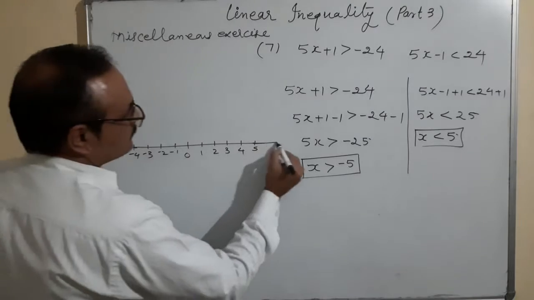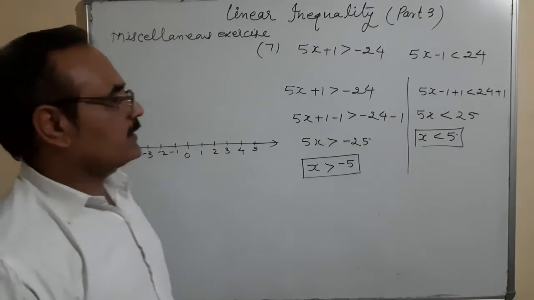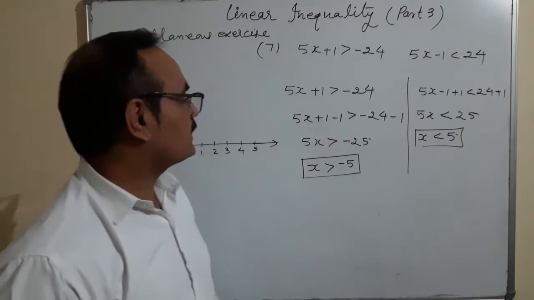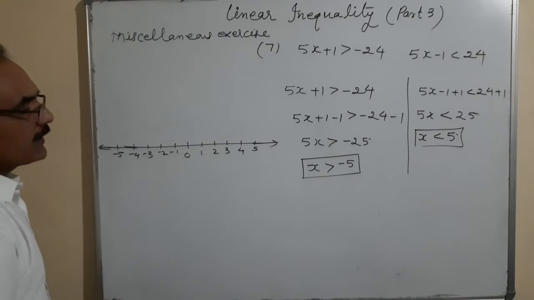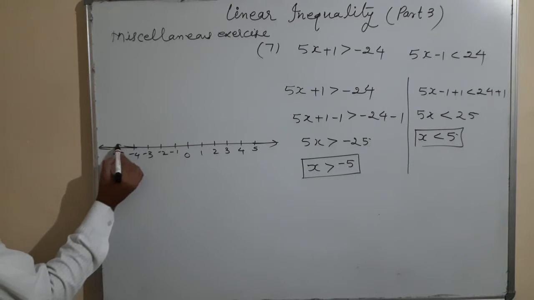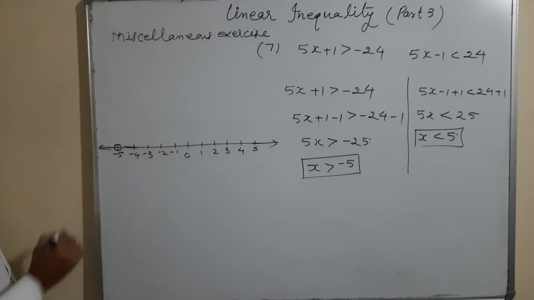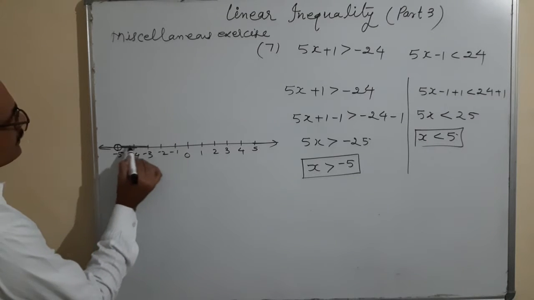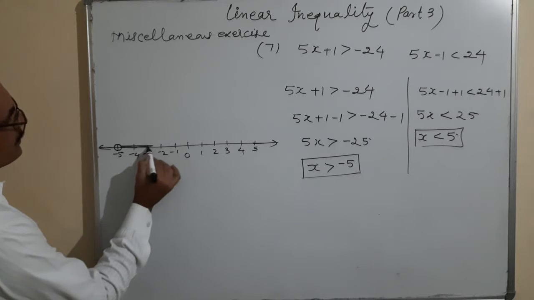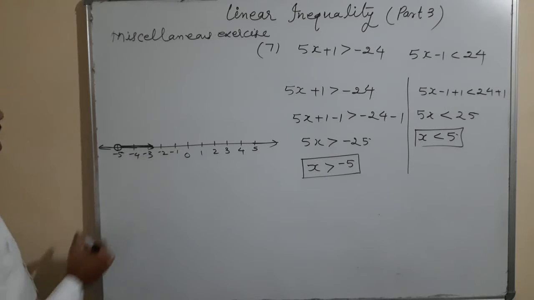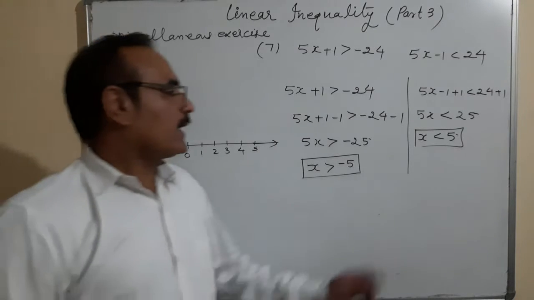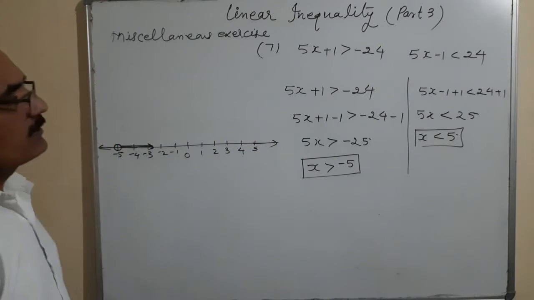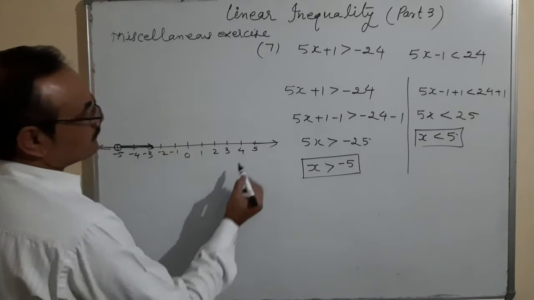So on the number line, x is greater than minus 5. Strictly greater than, so this is the circle and this side. That is x is less than 5.